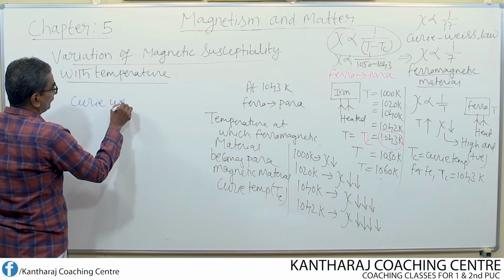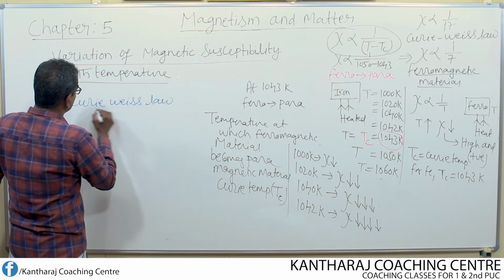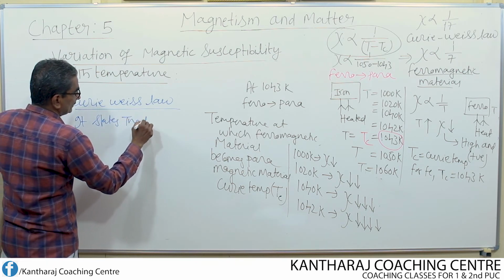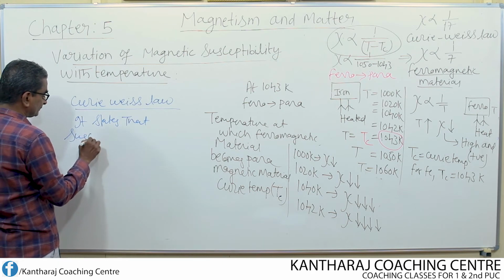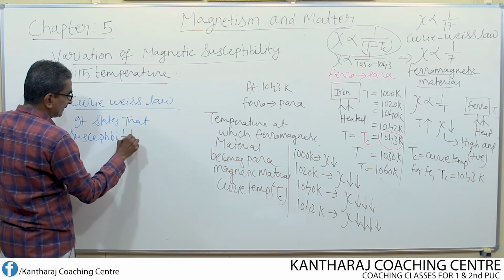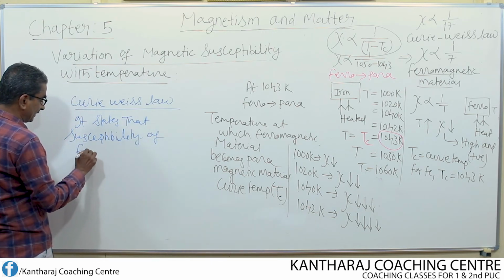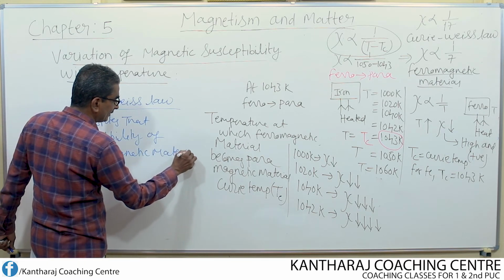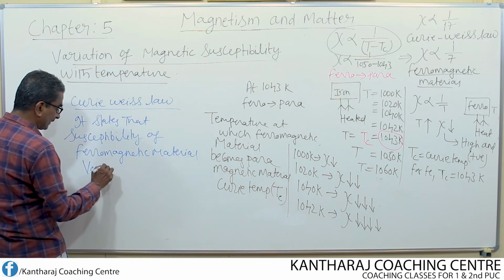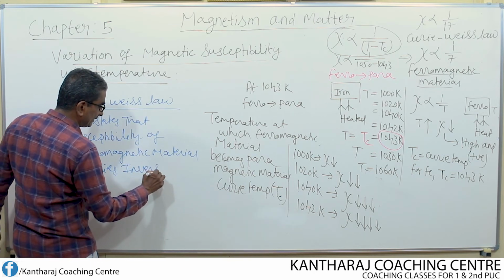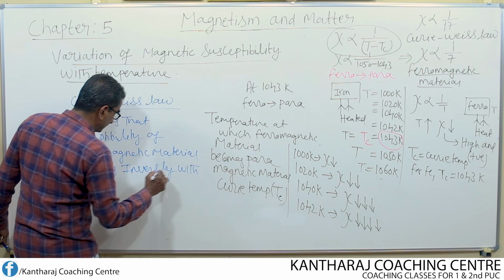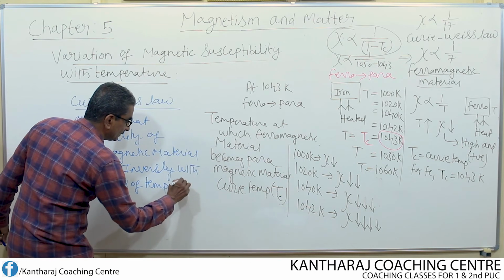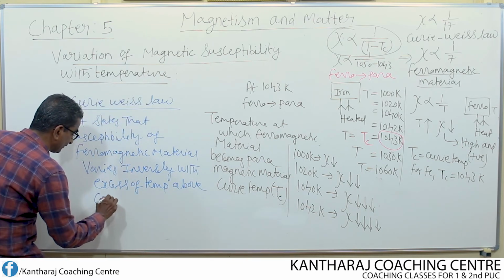So Curie-Weiss law states that susceptibility of ferromagnetic material varies inversely with excess of temperature above Curie temperature.